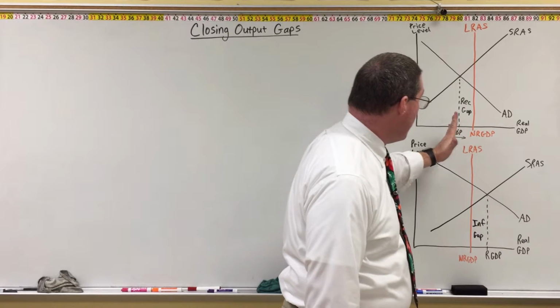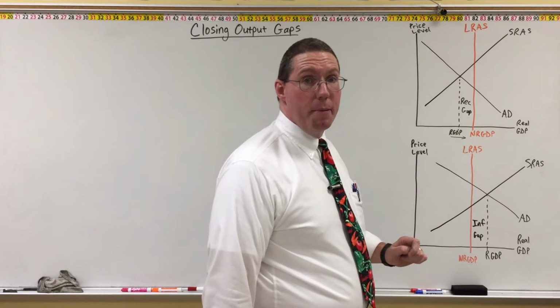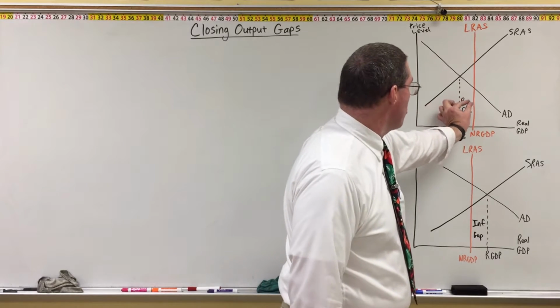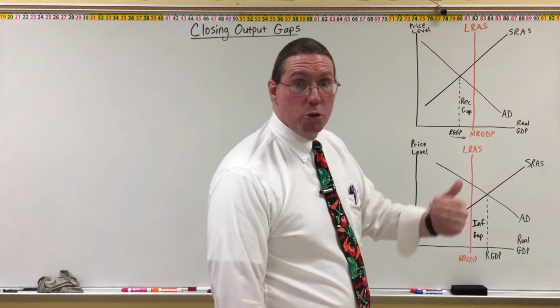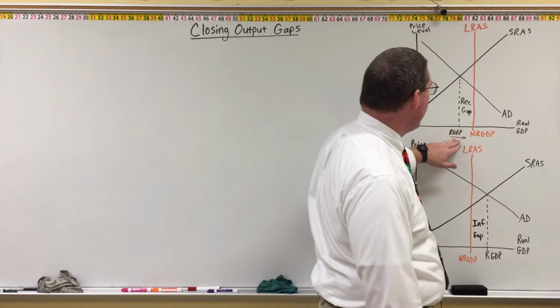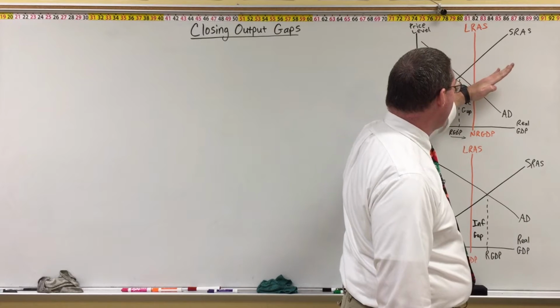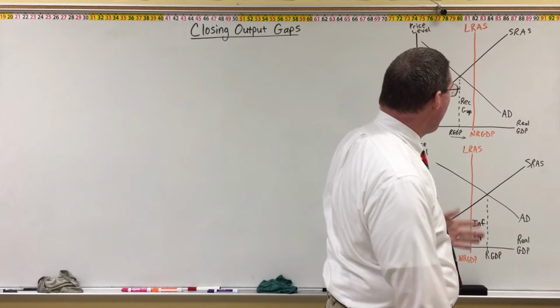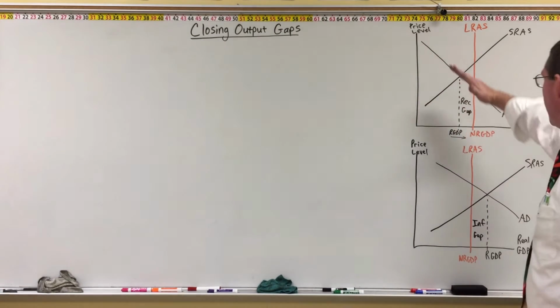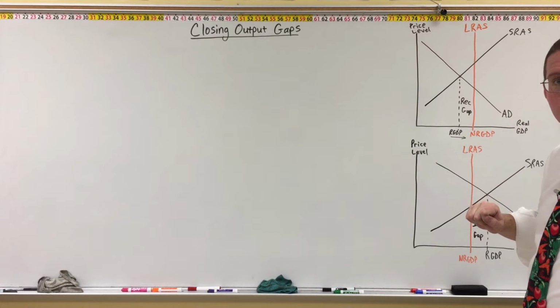If real GDP increases, it will then equal natural real GDP, and we will close the recessionary gap. That's what we're trying to do. One way to increase real GDP is if we have an increase in the short-run aggregate supply curve. The other way is if we have an increase in the aggregate demand curve.